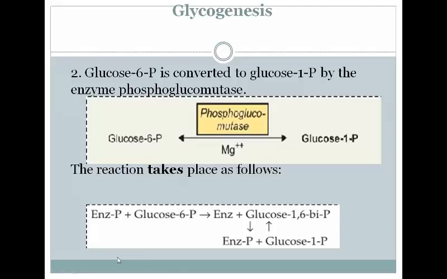So first the intermediate glucose 1,6-bisphosphate is formed, and then glucose 1-phosphate is formed.